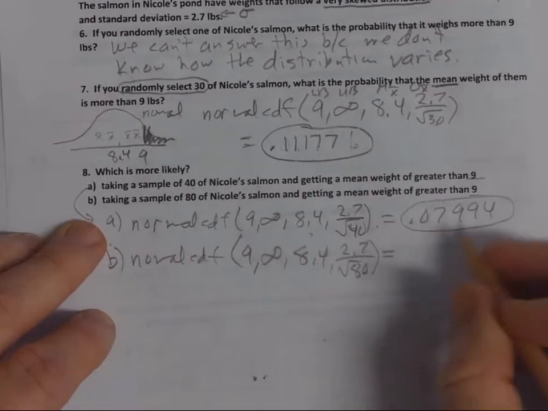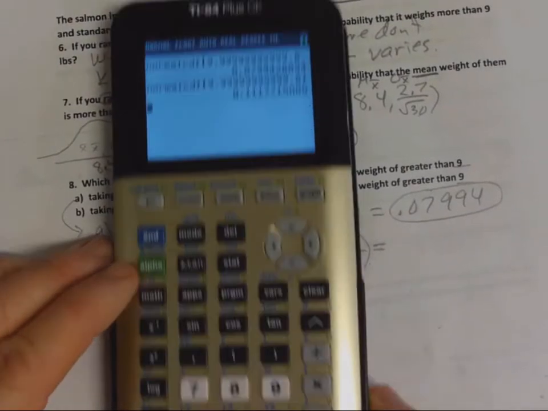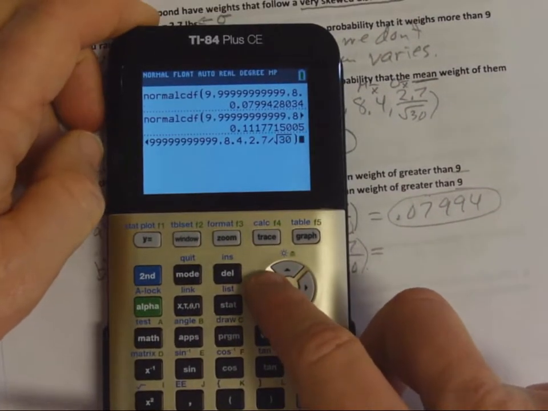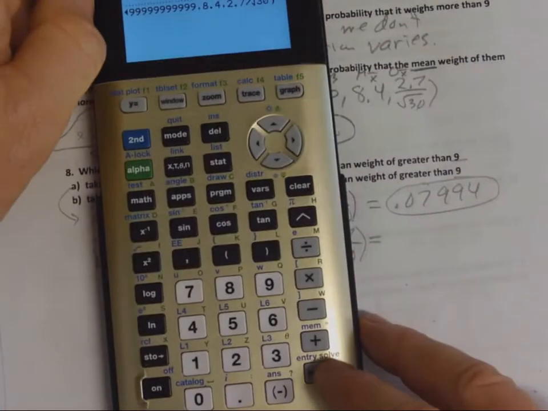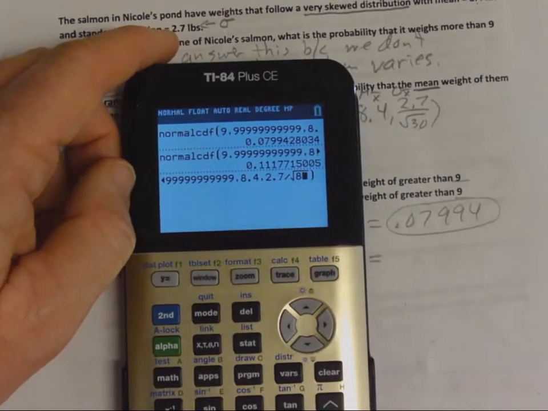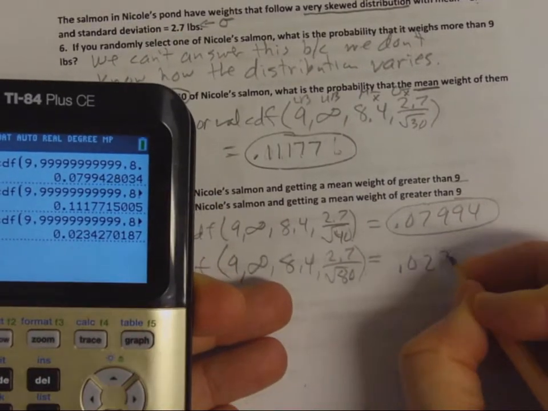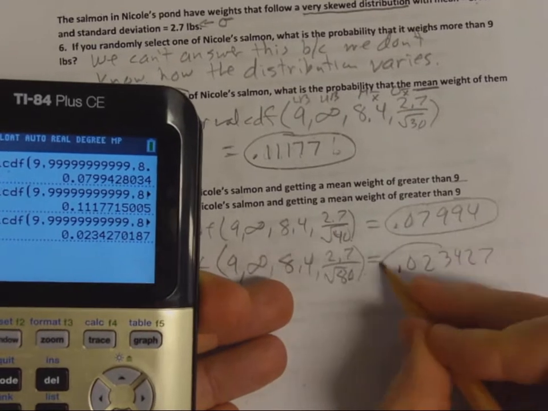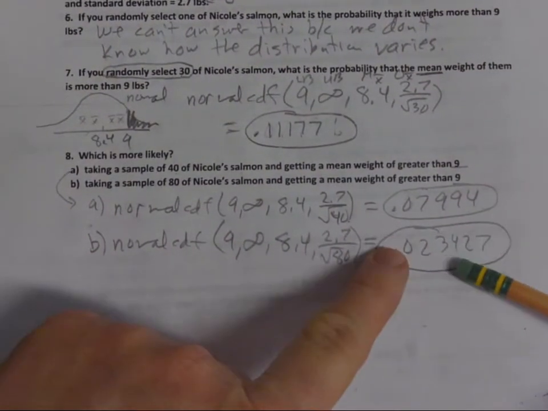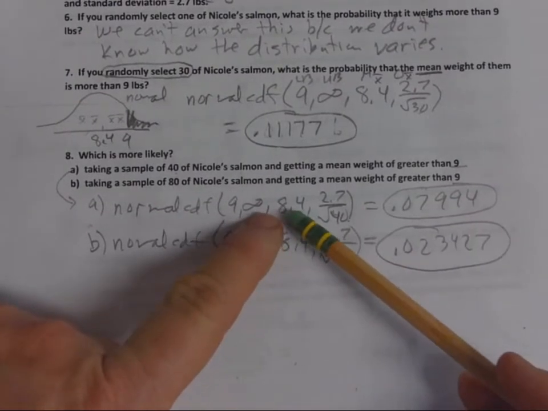And you can quickly change that: if you just hit second entry, it'll enter the last command on your calculator, which the entry button is right above the enter button right there. I can just change this to 80. And so this would be 0.023427.